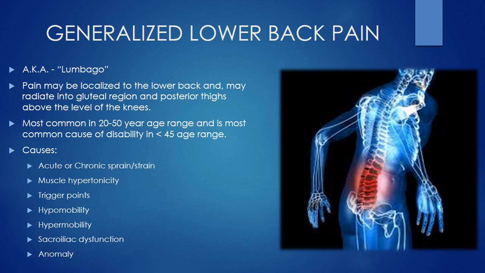Now, causes of generalized lower back pain can be many. It can involve either an acute or a chronic sprain strain injury, and it's the chronic sprain strain injury that's most concerning because the chronic sprain strain injury represents recurrence of painful lower back pain episodes.